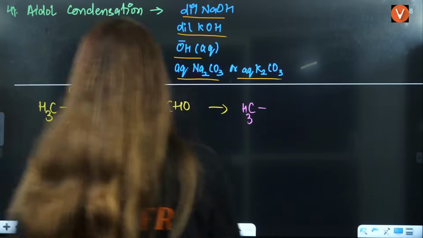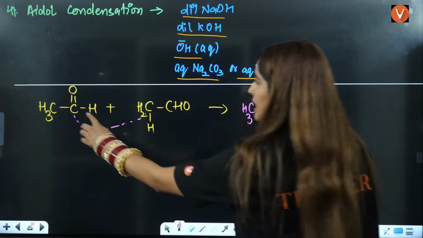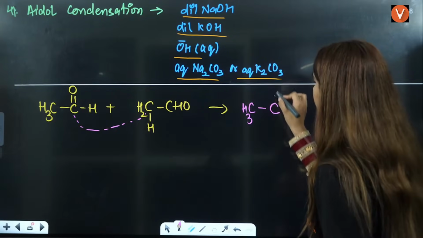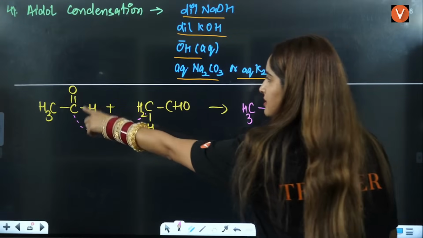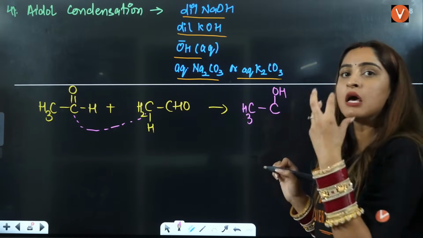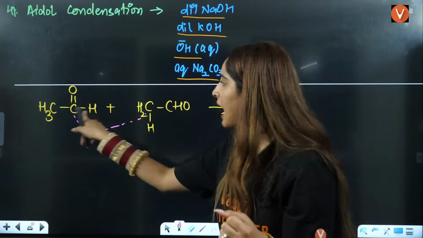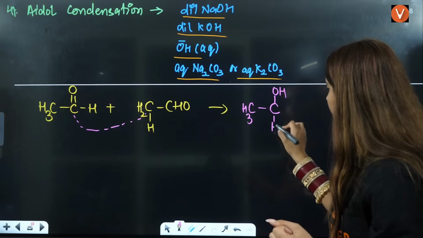So this is CH3, this is C. Here the C double bond O is converted to C-OH, that means the double bond O is reduced to OH. This hydrogen is as it is.